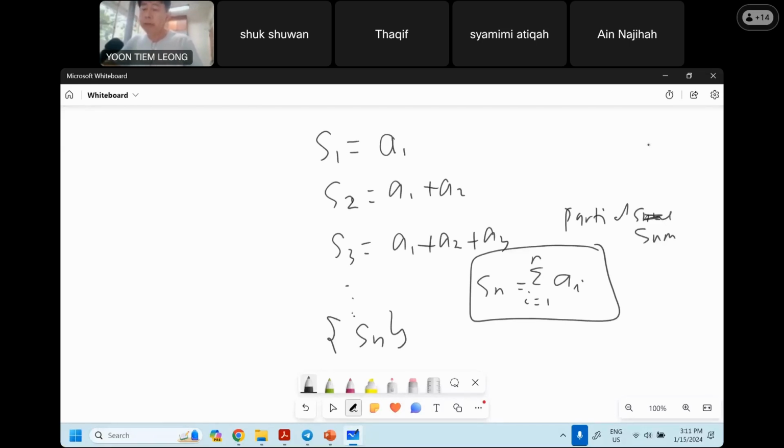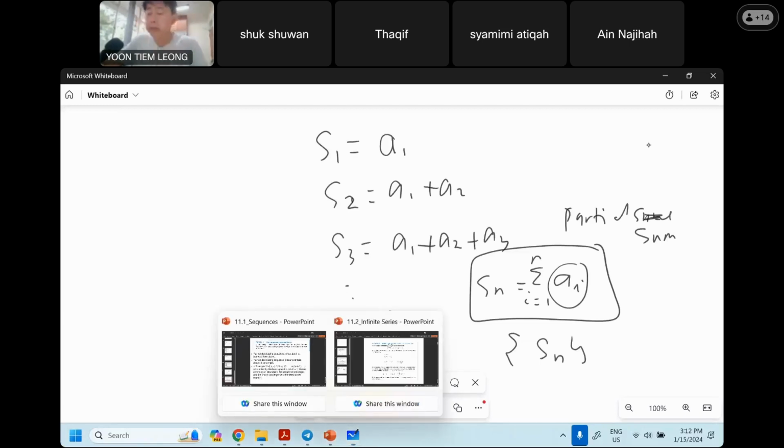So the partial sum itself forms another sequence, which we denote as Sn, where Sn is formed from the terms in the sequence. So that is how we define the partial sums.